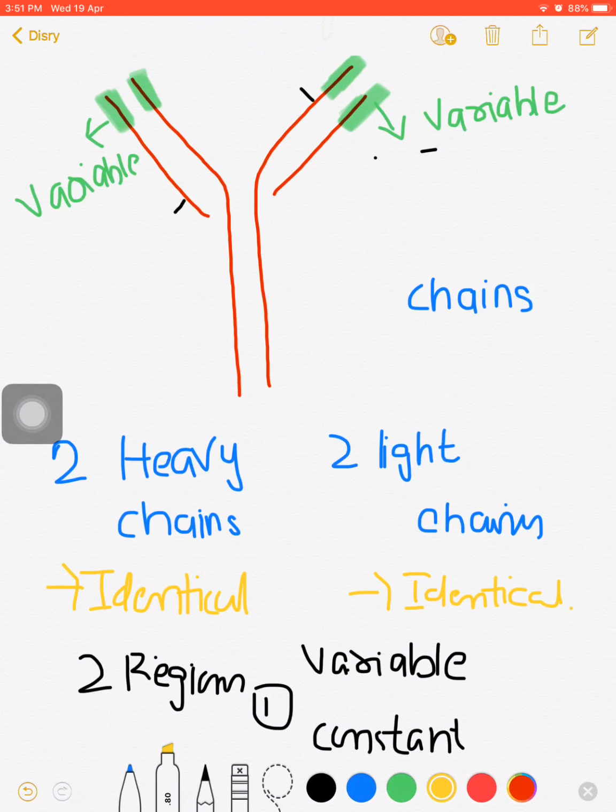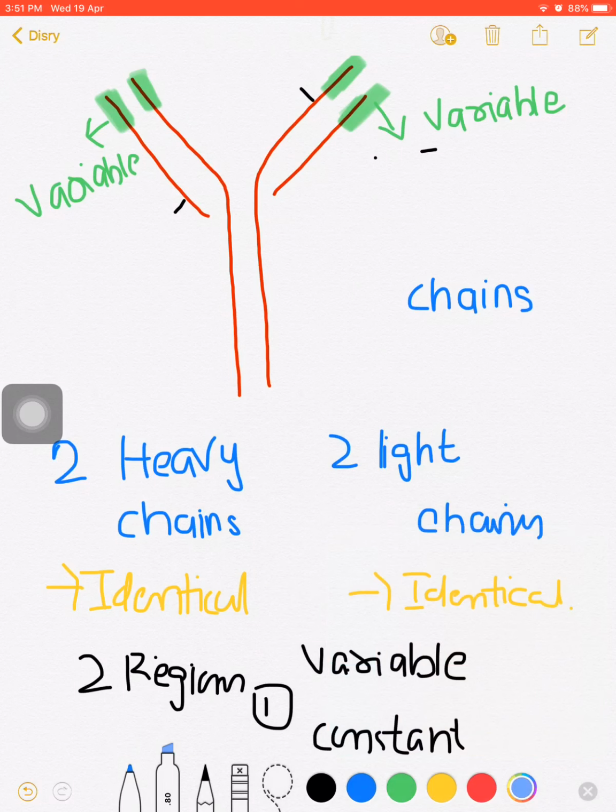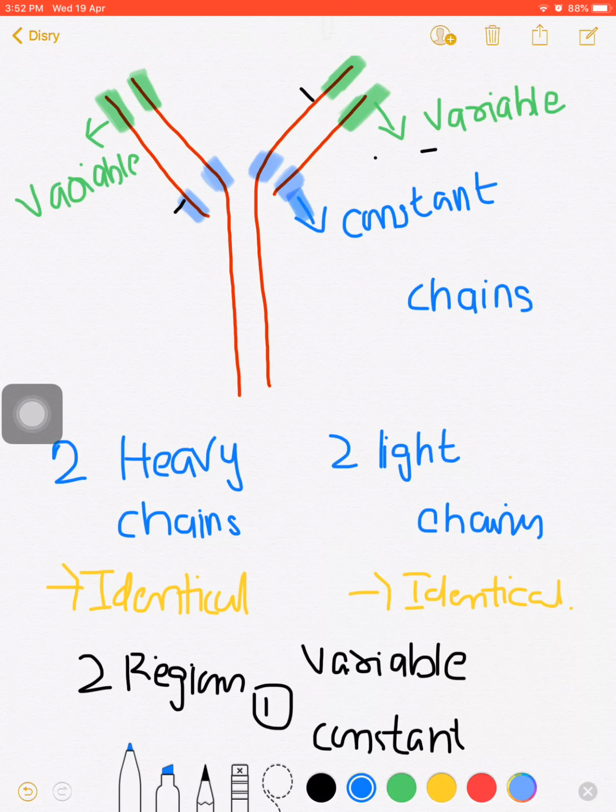Then let me mark the constant region as well. This region in blue, and this region, are known as the constant region. This is the variable region and this is the constant region.